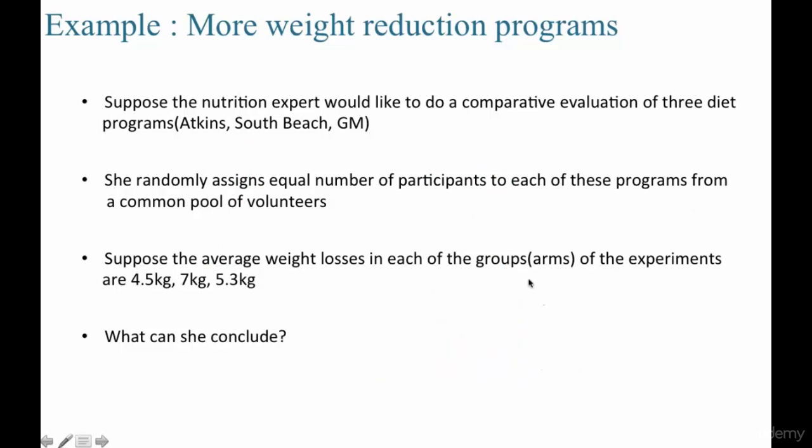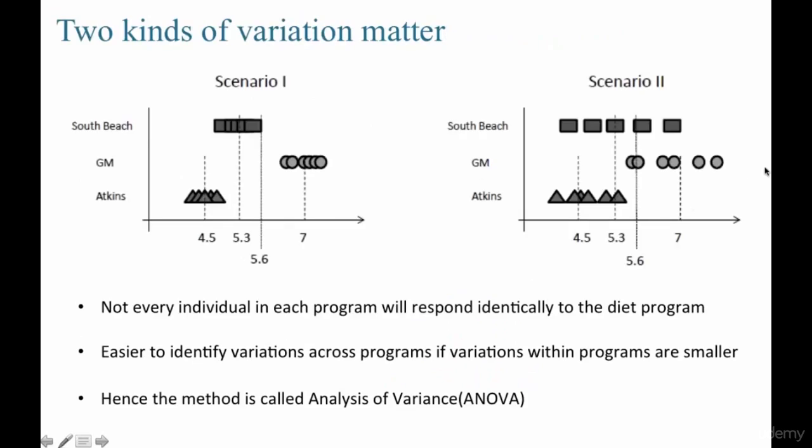Okay, let us move on and try to understand further what's happening. Look at this. So you have scenario 1 and you have scenario 2. In both of these, the average weight loss of each and every diet program is the same, and the grand average is also 5.6 in both these scenarios.